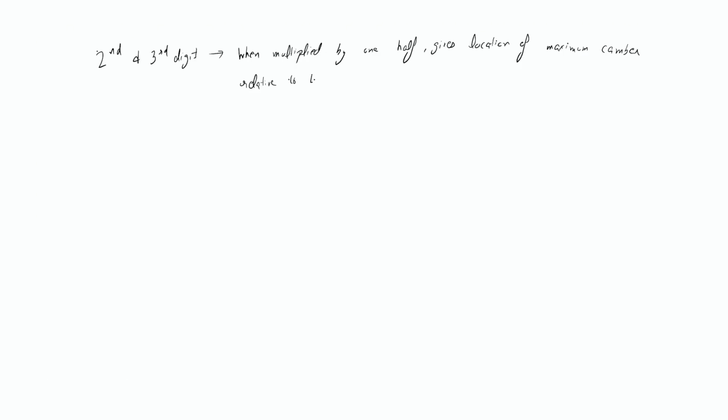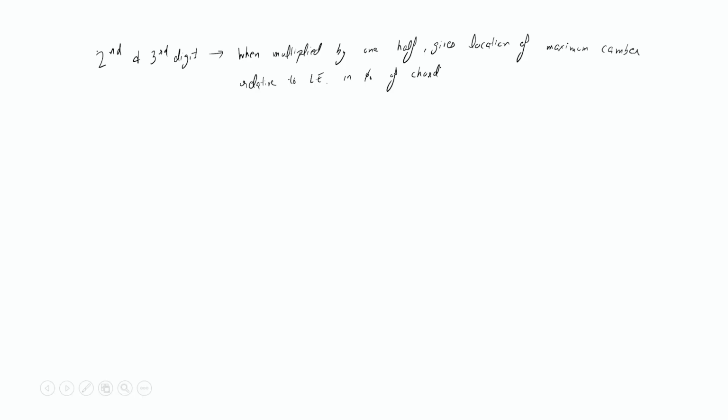Now let us talk about the second and third digit. So this, when multiplied by 1/2, gives the location of maximum camber relative to the leading edge in percentage of chord.